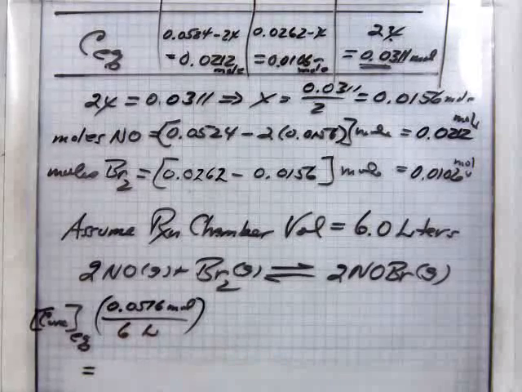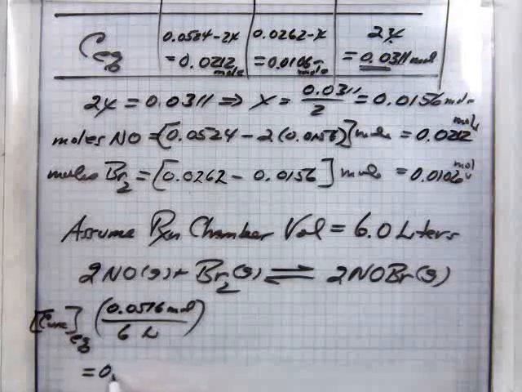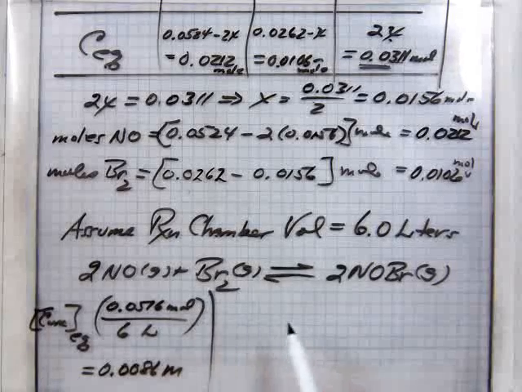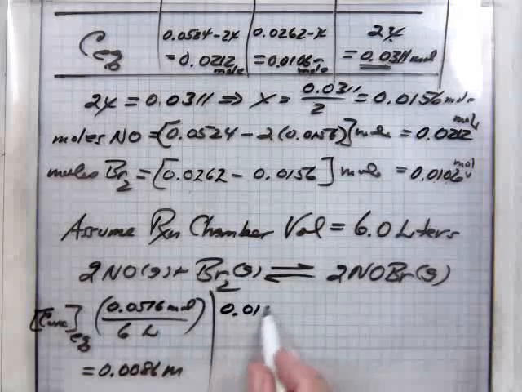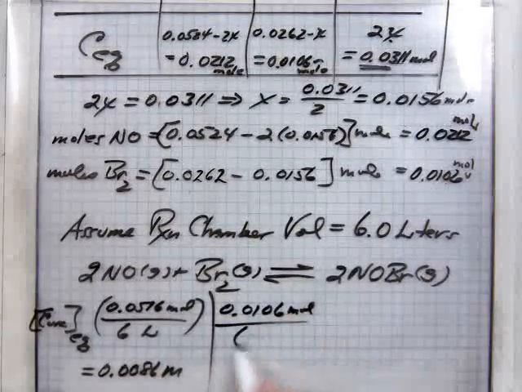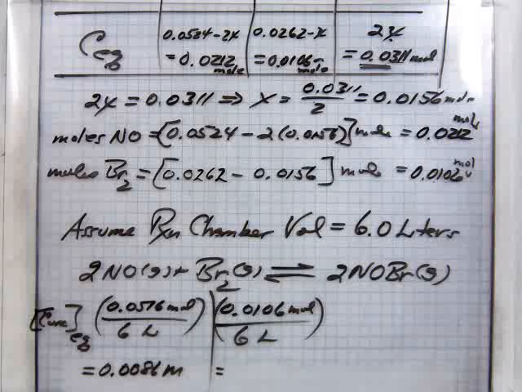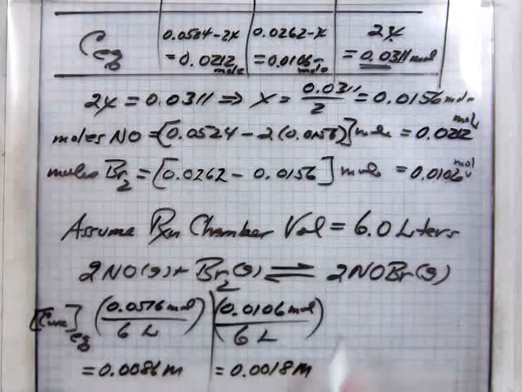And so that one is 0.0086 molar, and the bromine molarity would be 0.0106 divided by 6 liters. I got 0.0018 molar, right?